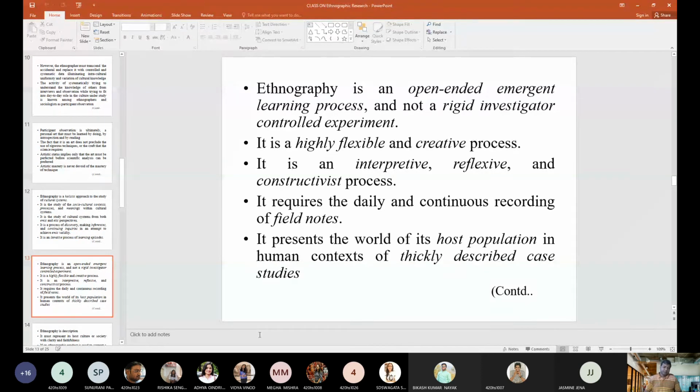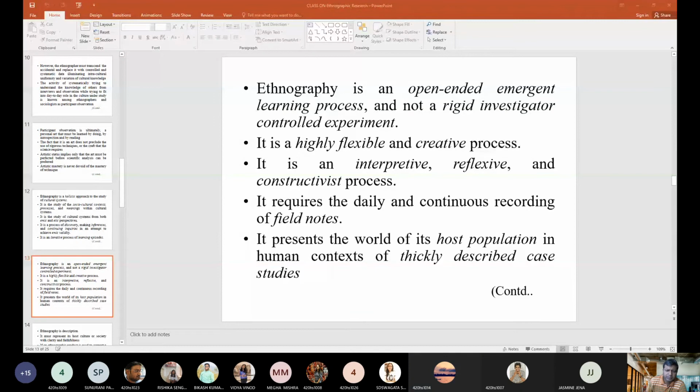Hello, sir. Iterative process, sorry. There is a sentence that ethnography is an iterative process. So what is meant by iterative process?